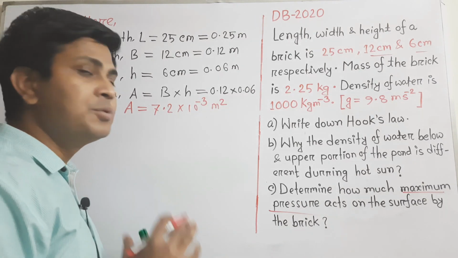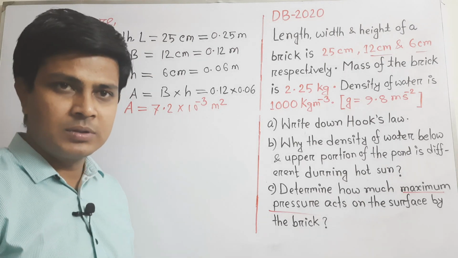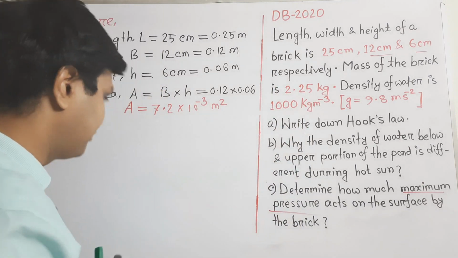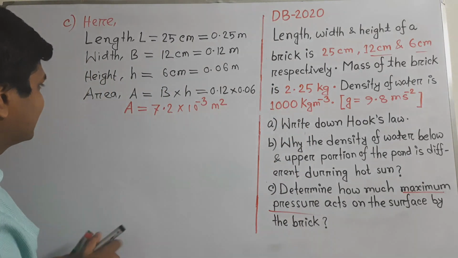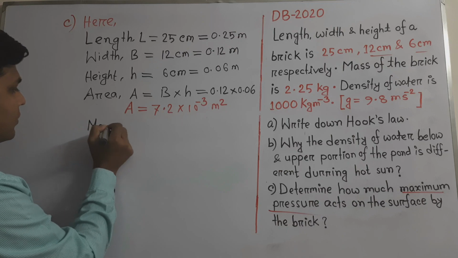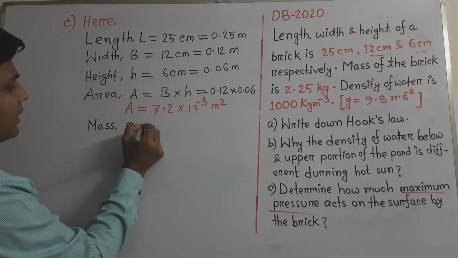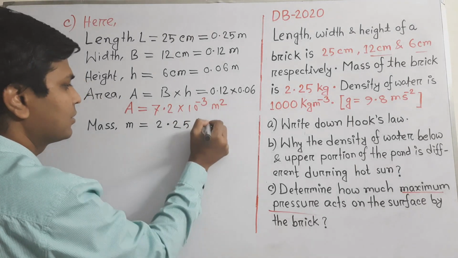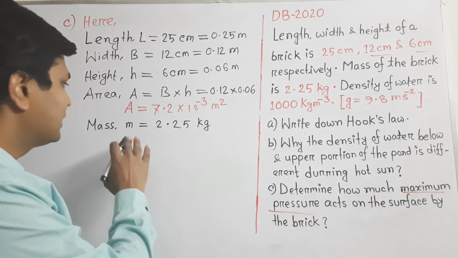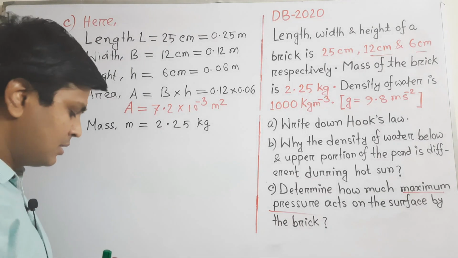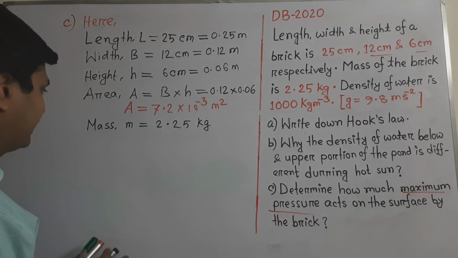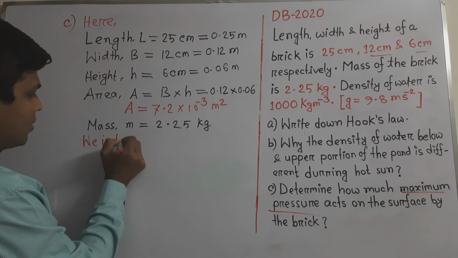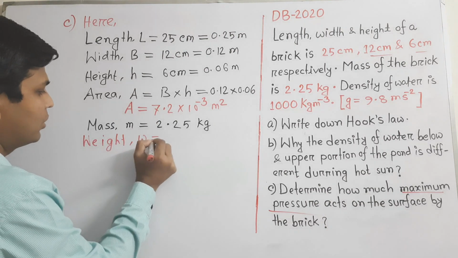Now we have to know what the force is. Here force is not given, but mass is given, mass small letter m, which is given 2.25 kg, and we can calculate the weight by using the formula of weight, so we can write weight W equals mg.